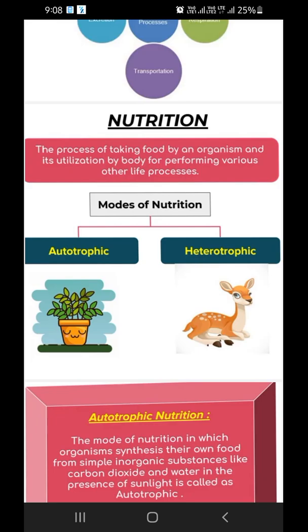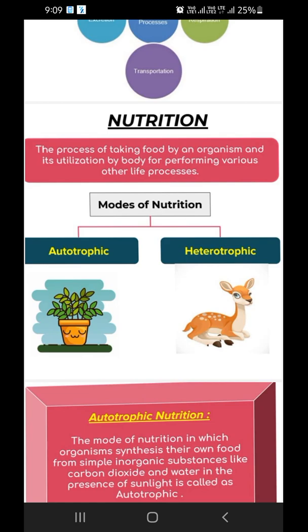For writing an exam you can write: the process of taking food by an organism and its utilization by the body for performing various other life processes, or you can write that the process responsible for the transfer of energy from an outside source to the body of an organism is called nutrition.